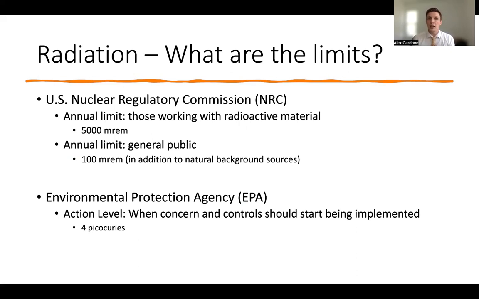So the annual limit, if you're working with radioactive material, is 5,000 millirem. So mrem, millirem. And in comparison, the annual limit for the general public they set at about 100 millirem in addition to natural background sources. So what does that mean?